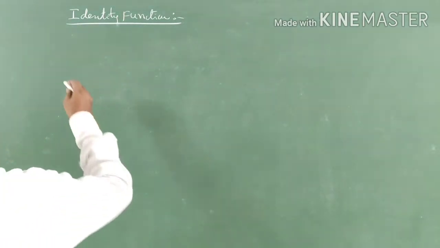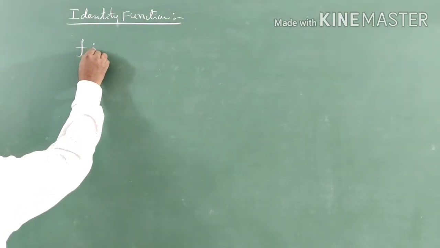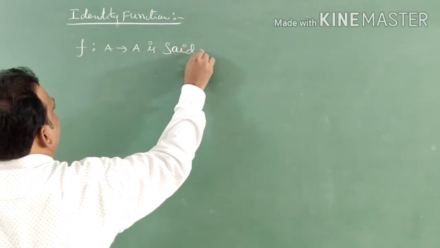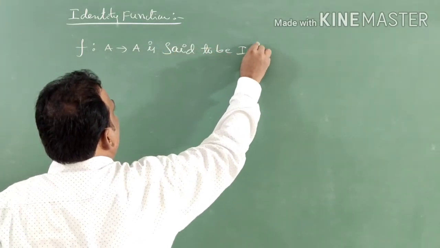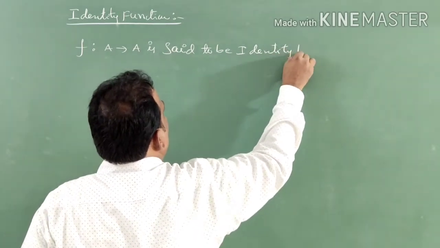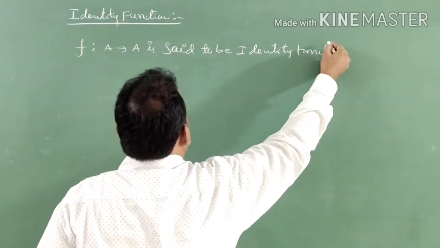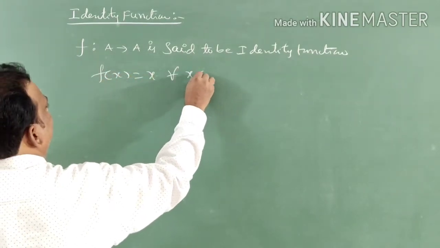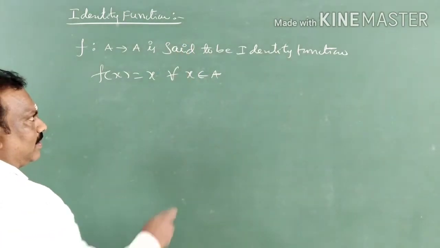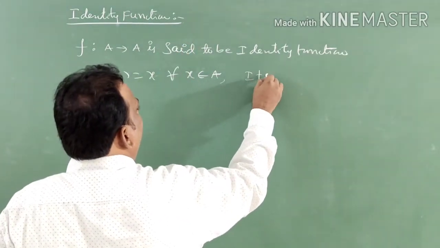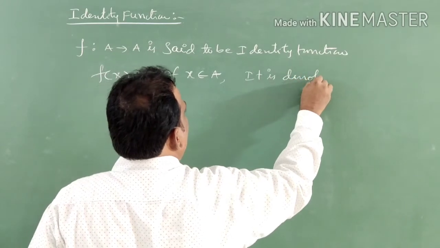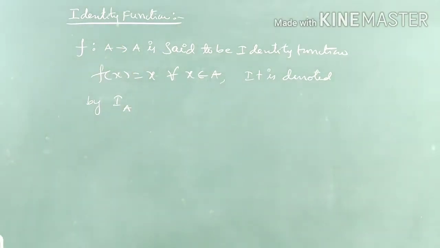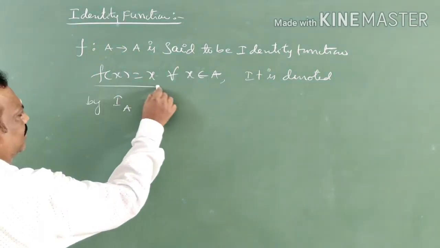Now the function f mapping from A to A is said to be an identity function if f of x is equal to x for all x belongs to A. It is denoted by I subscript A. See, students, f of x is equal to x.